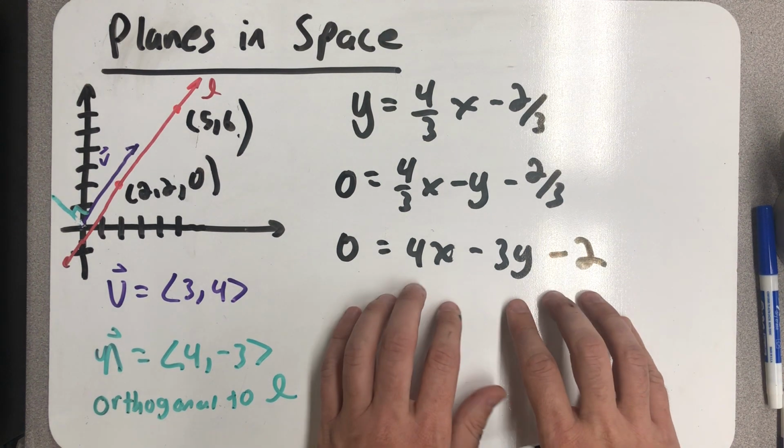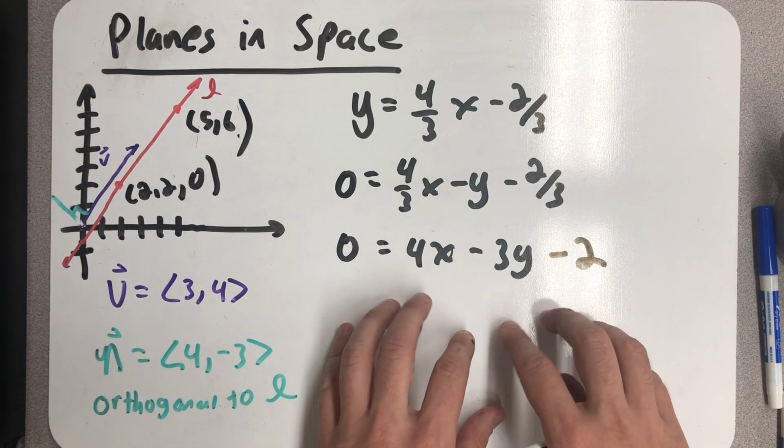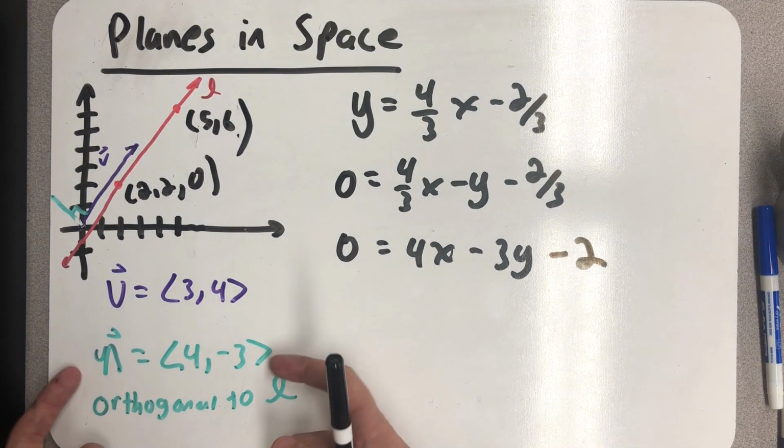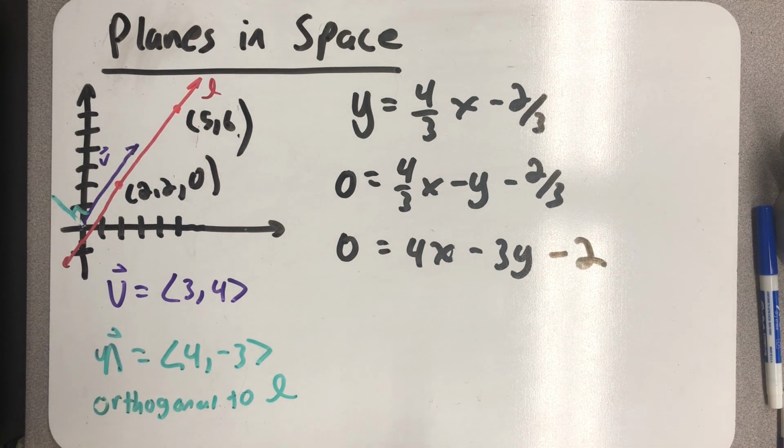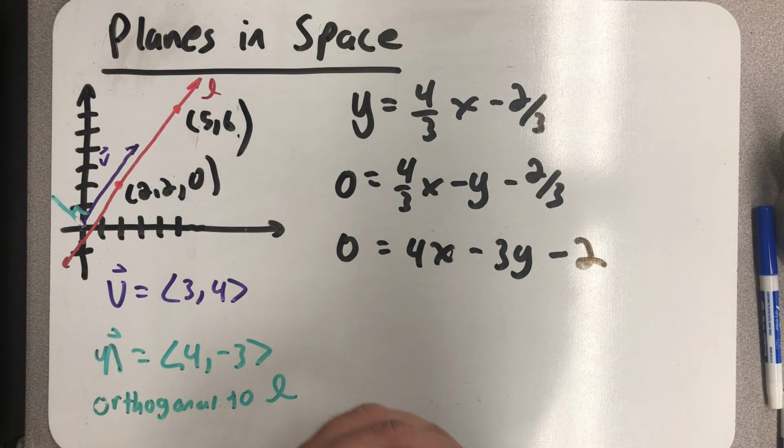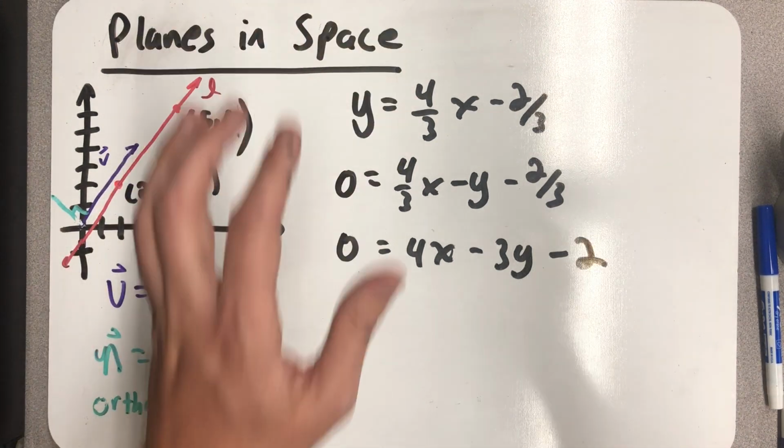So there's a way to talk about planes in space like this, but what we'll be required to know is a vector perpendicular to the plane, rather than a vector parallel to a line. And we can think about that vector as helping me understand the tilt of the plane.